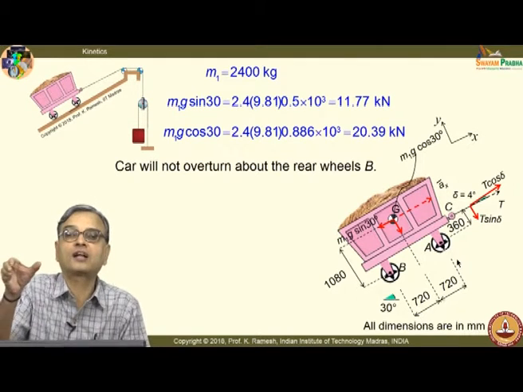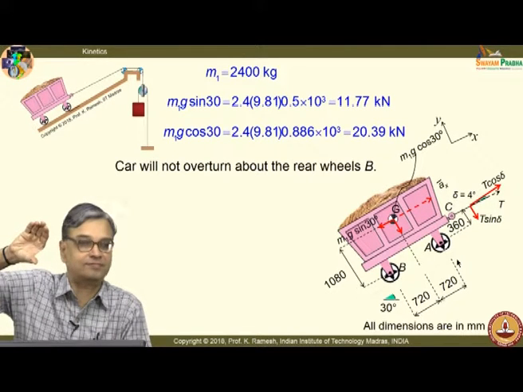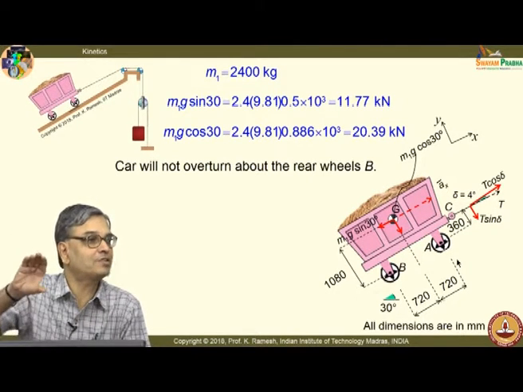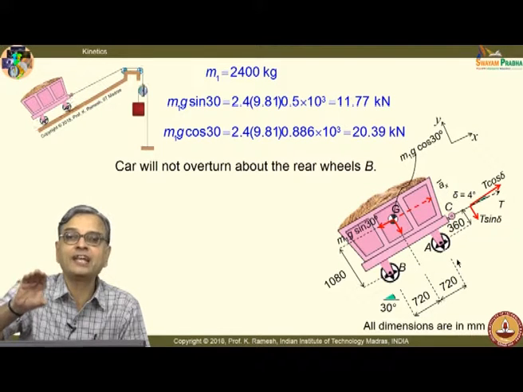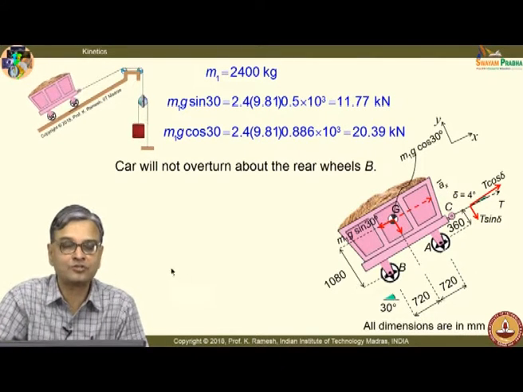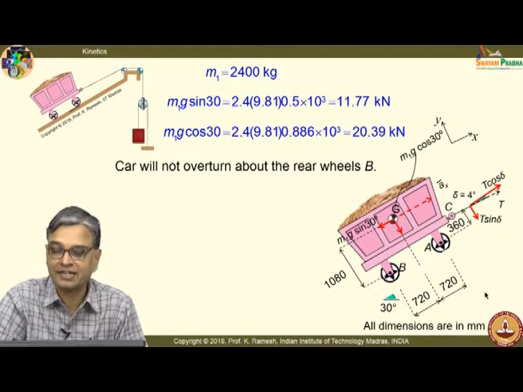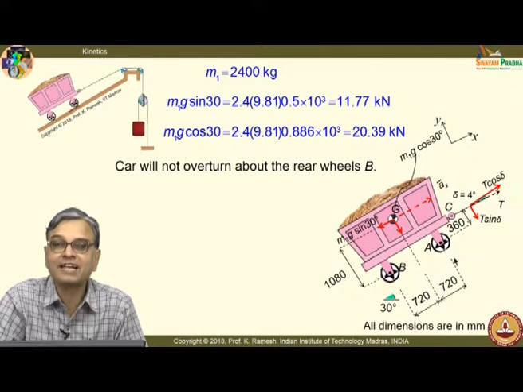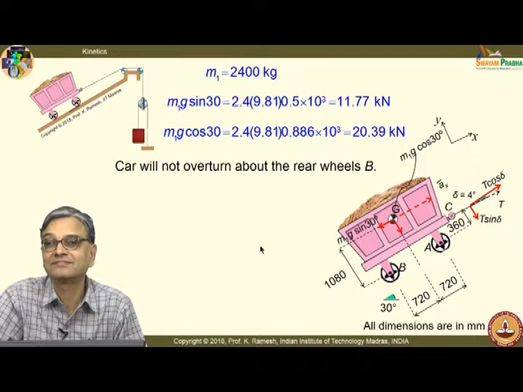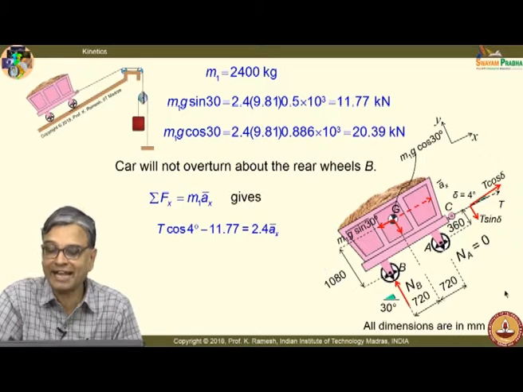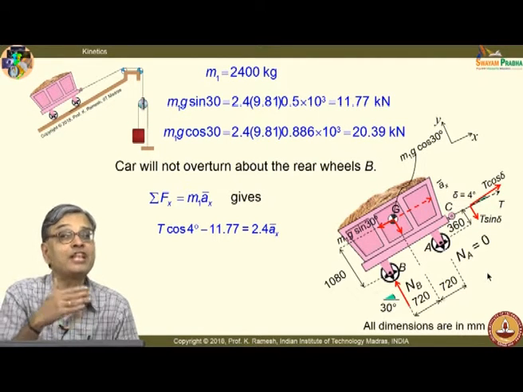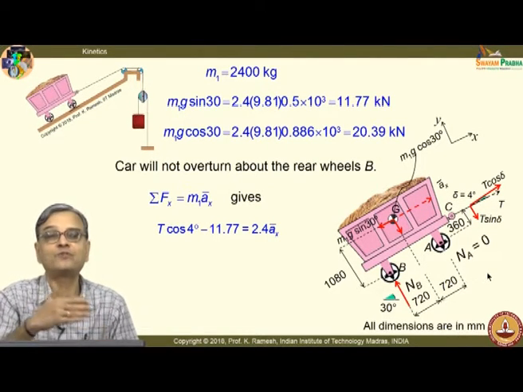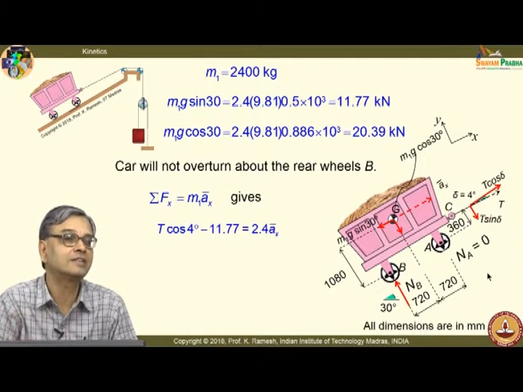You do not want the cart to tilt like this. So, in the limiting condition, the force interaction here is 0. That is the limiting case. You have to recognize this. This is the meaning of the statement, the cart will not overturn about the rear wheels B.